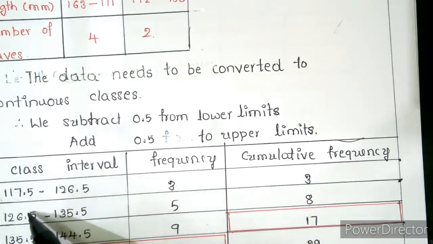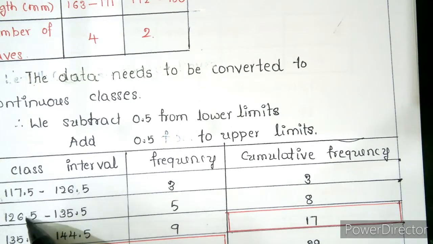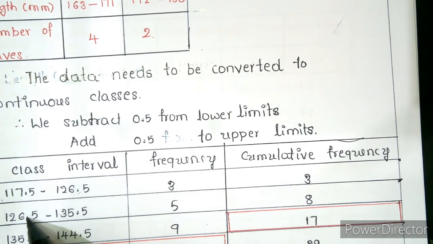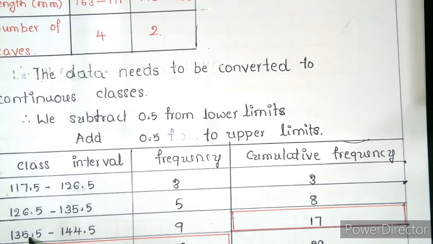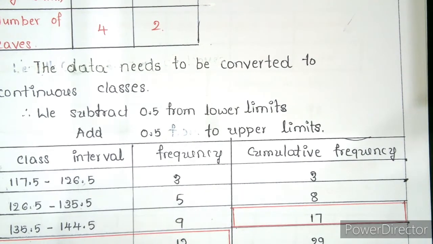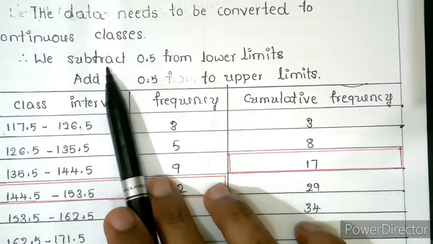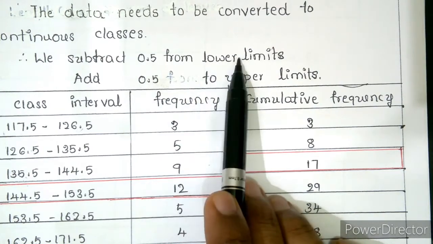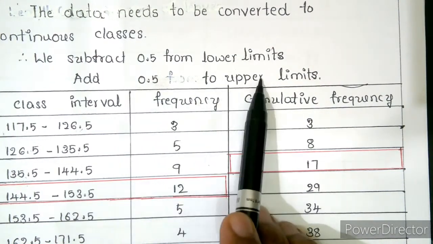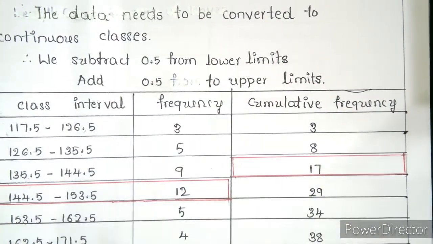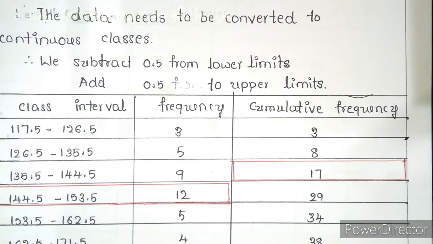So now it is continuous. 126.5 is here, and 126.5 is here. Then 135.5, 135.5. Like this. So now it is continuous, there is no gap. So subtract 0.5 from the lower limits and add 0.5 to the upper limits. This is very important when the data is not continuous.